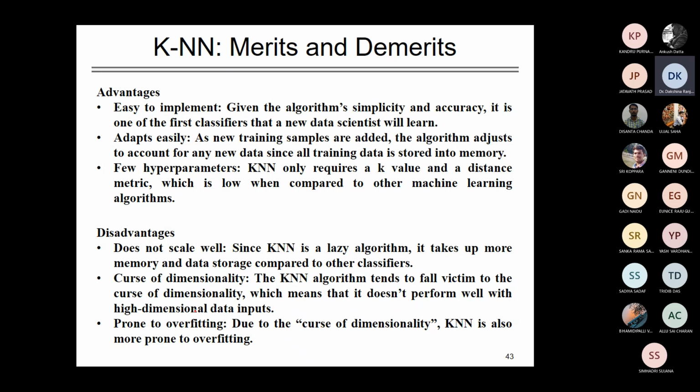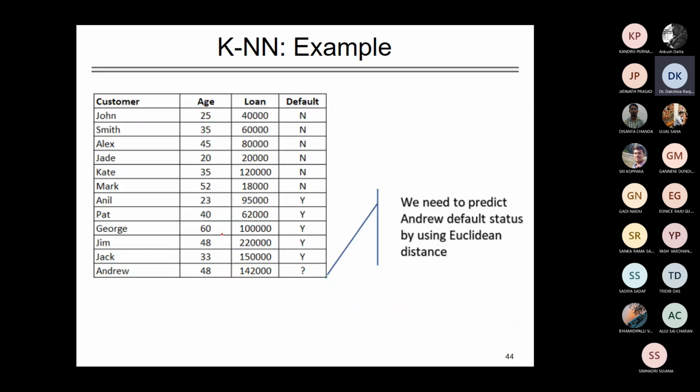We can get the overfitting problem when the model is complex but the data set is simple. So both are true for k and n. We have to choose the k value carefully so that we can minimize the overfitting or underfitting problem.